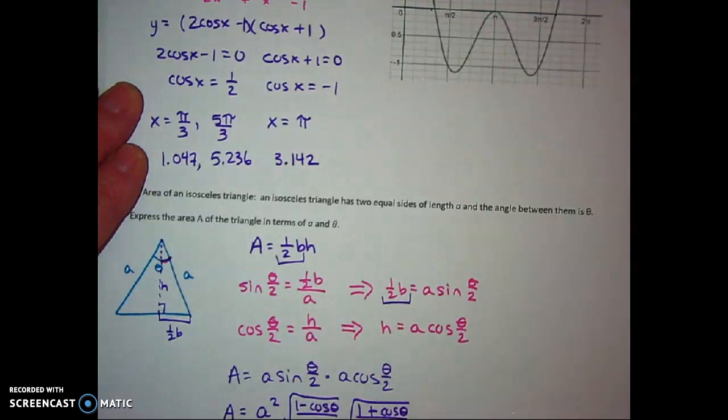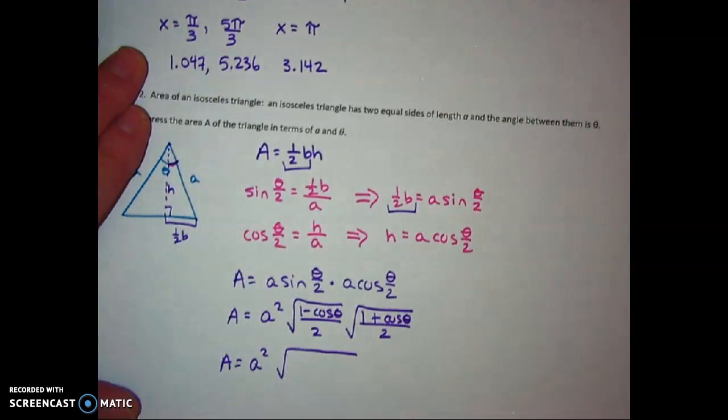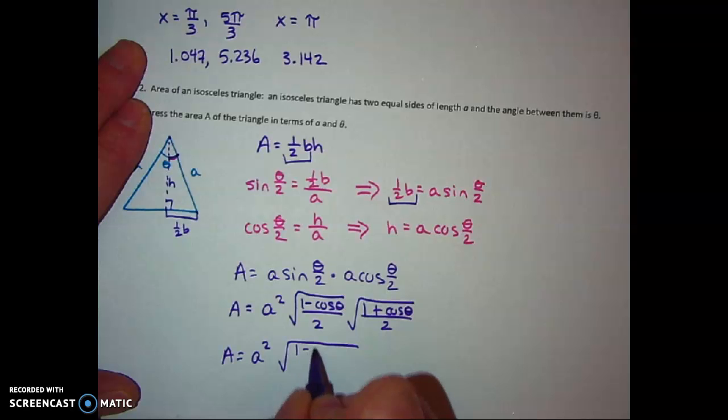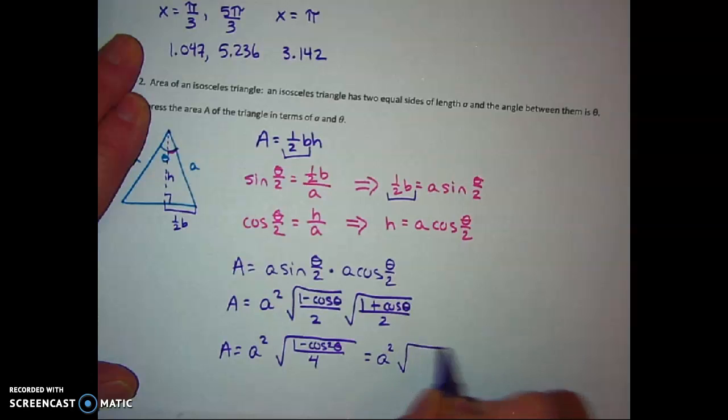Hopefully you recognize that my numerators are a difference of perfect squares. So I have 1 minus cosine squared of theta over 4. Do you recognize that 1 minus the cosine squared of theta is the sine squared of theta, over 4?